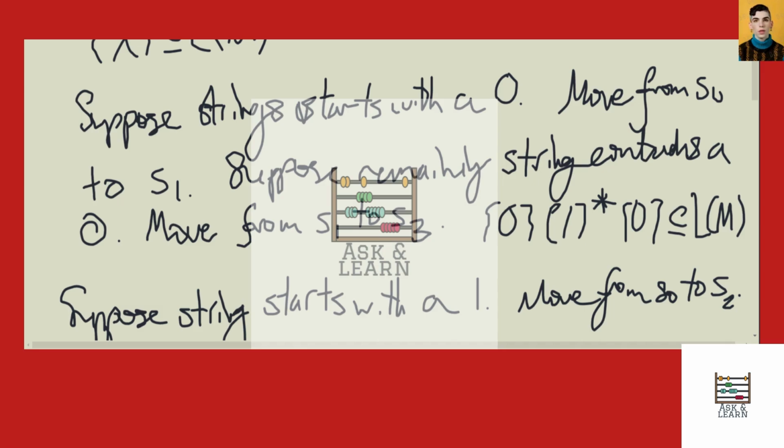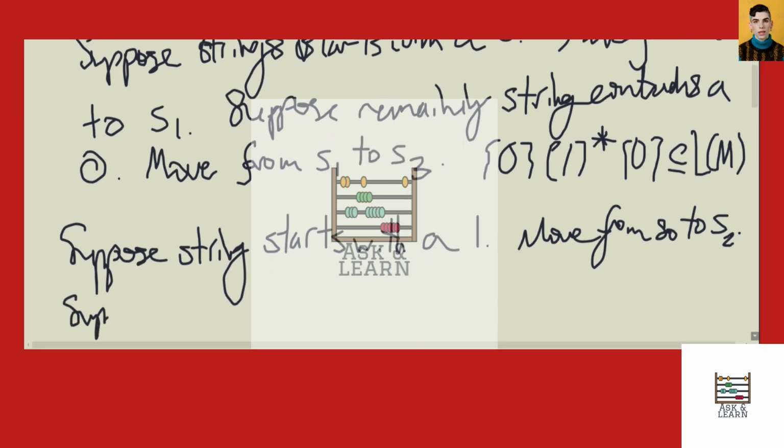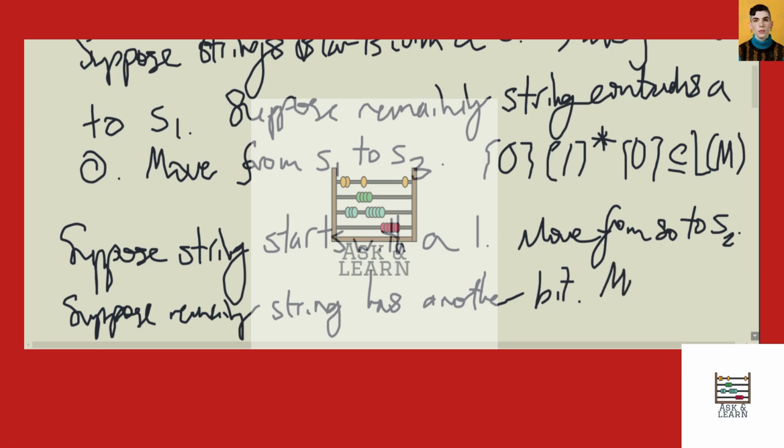And we see that at S2, no matter what we input, as long as we suppose there is another bit, we'll move to S4. So we'll move from S2 to S4.